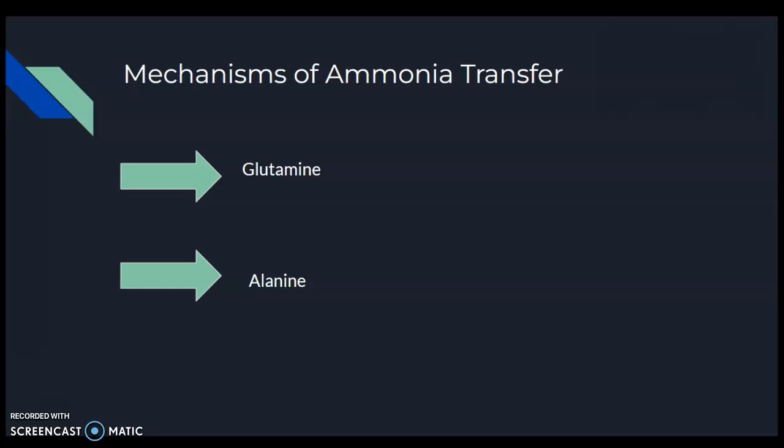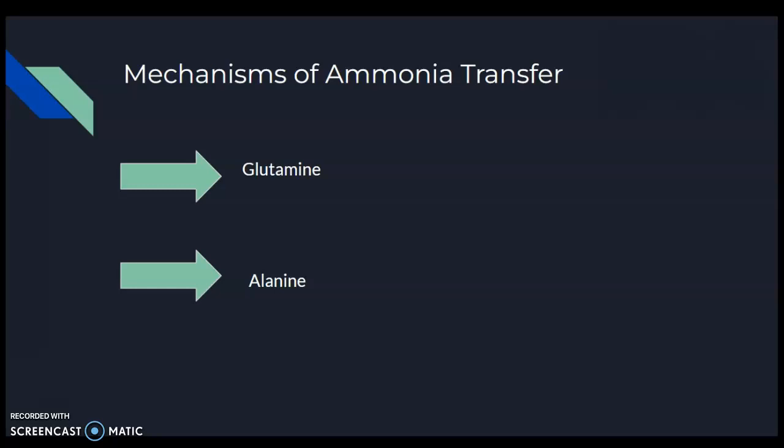When this free ammonium combines with glutamate, it yields glutamine using the enzyme glutamine synthetase. We need glutamine because glutamine and alanine are both non-toxic, and they are also able to pass through cell membranes, unlike glutamate.